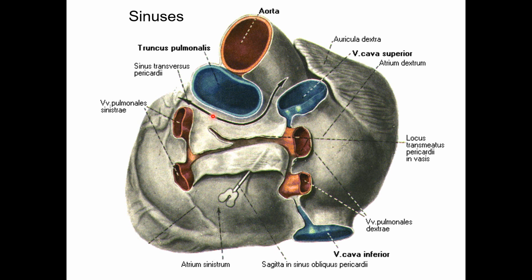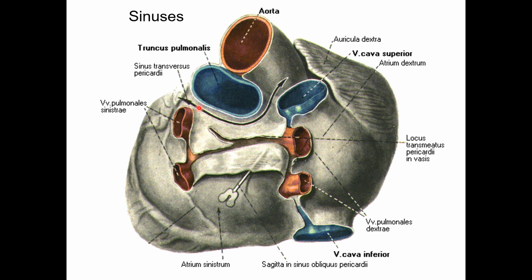And we have two important areas for reflection of the pericardium, where it changes from visceral to parietal layers. These two areas contain pockets where pericardial fluid collects.